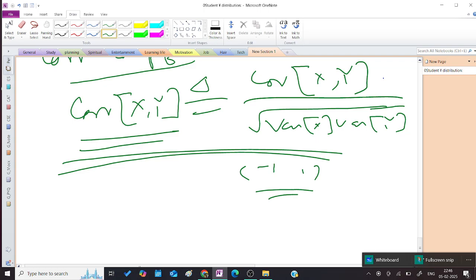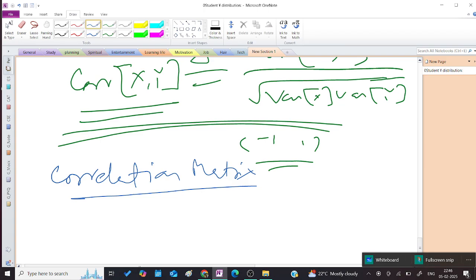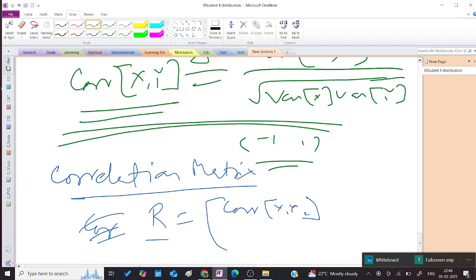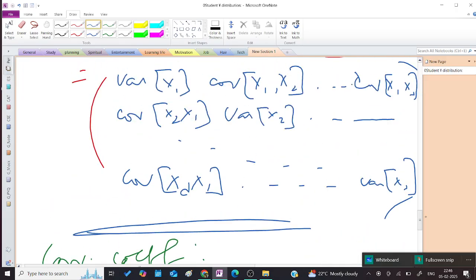So the last concept is the correlation matrix. It is given by R, and this is nothing but correlation of x1, x2, same as above.